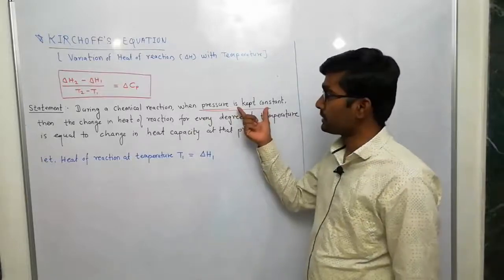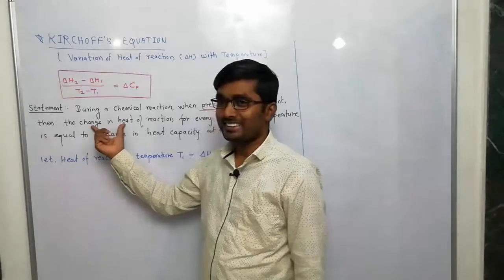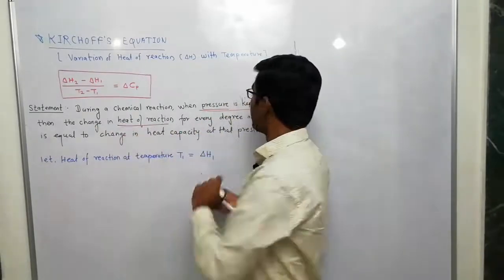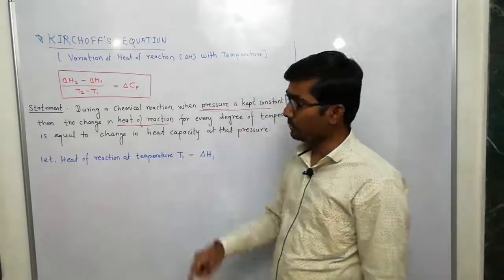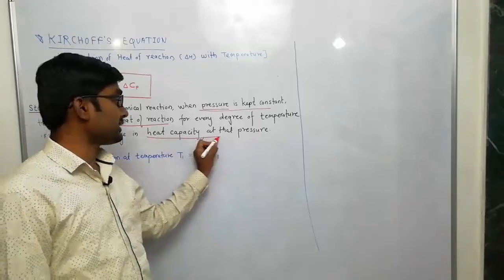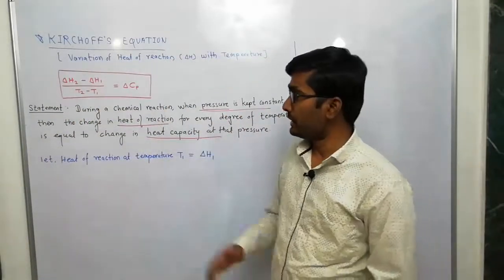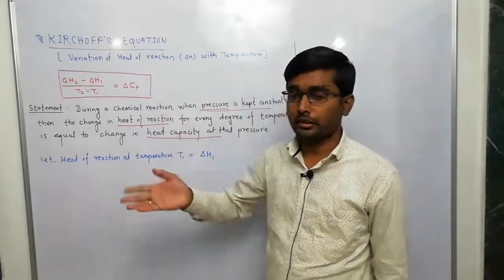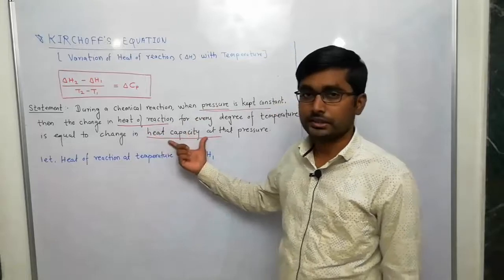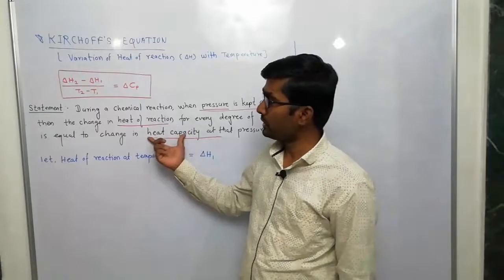During a chemical reaction, when pressure is kept constant, the change in heat of the reaction for every degree of temperature is always equal to the change in heat capacity at the given pressure, or the change in enthalpy in a physical or chemical process with temperature is always equal to the heat capacity at that given pressure. And it is shown in this equation.